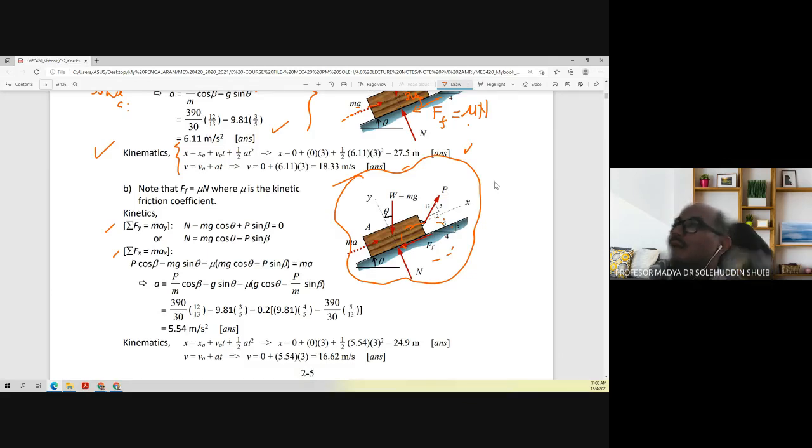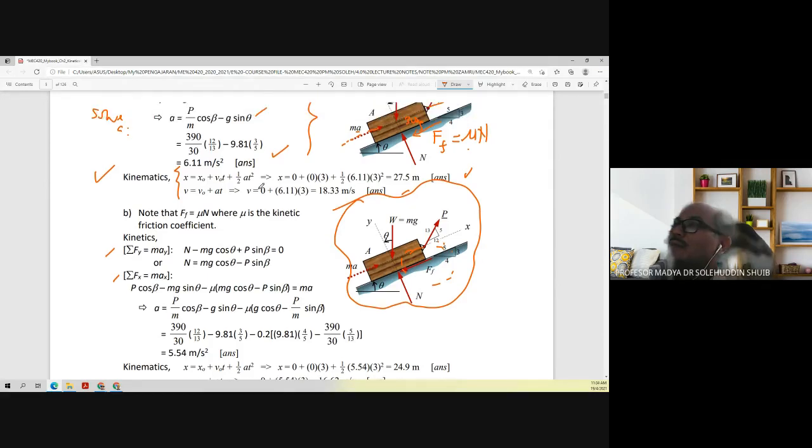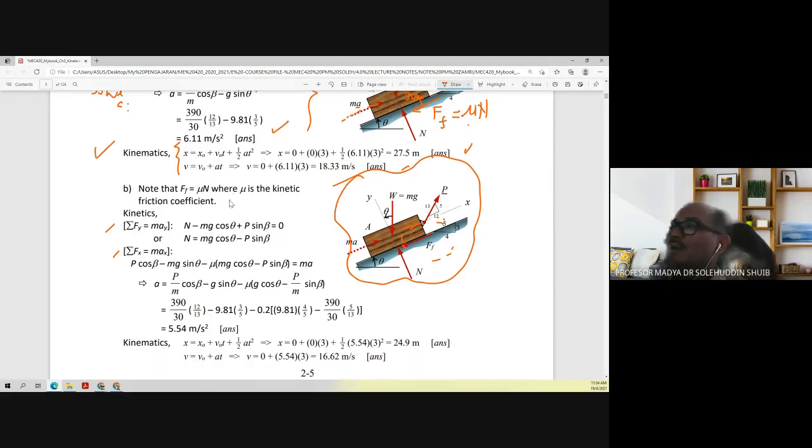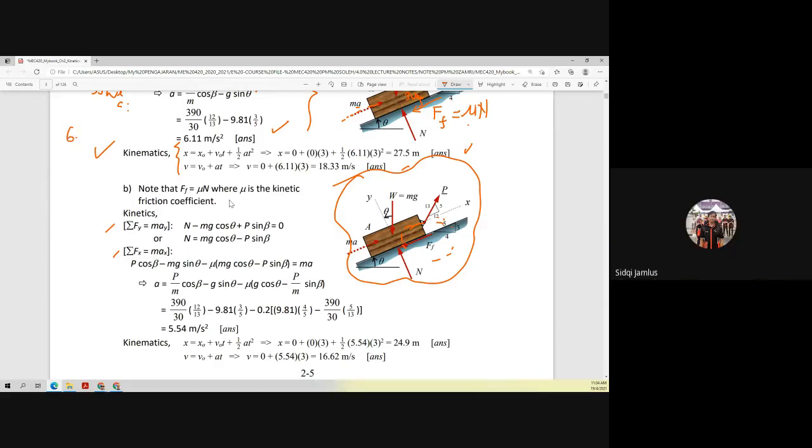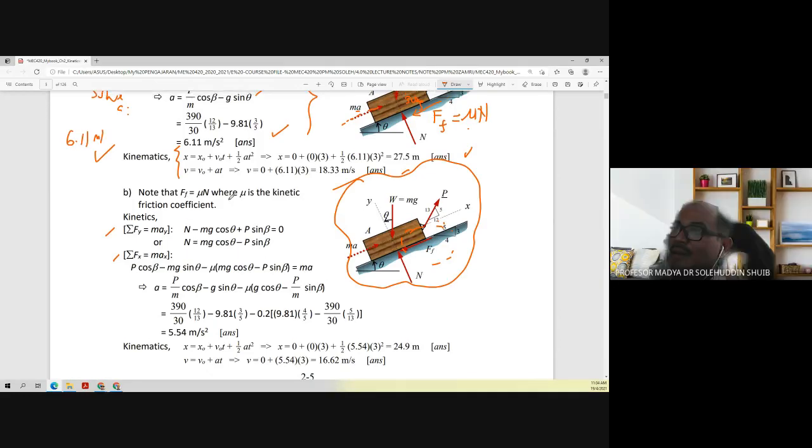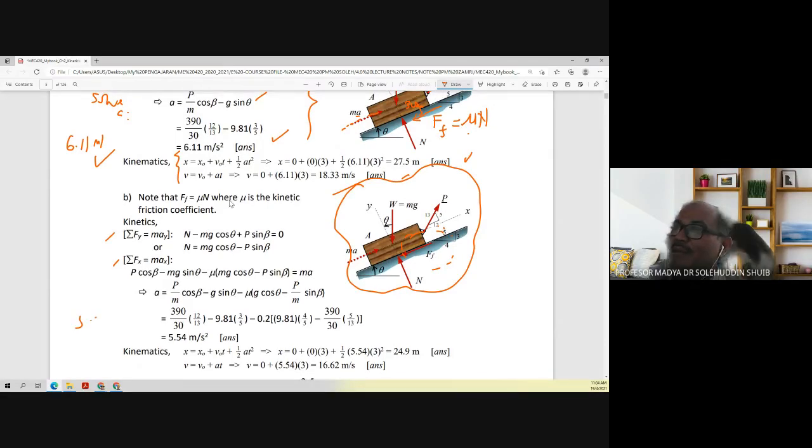What did you get before? Acceleration 6.11. Is it logical or not? No friction, 6.11. With friction we have 5.54.